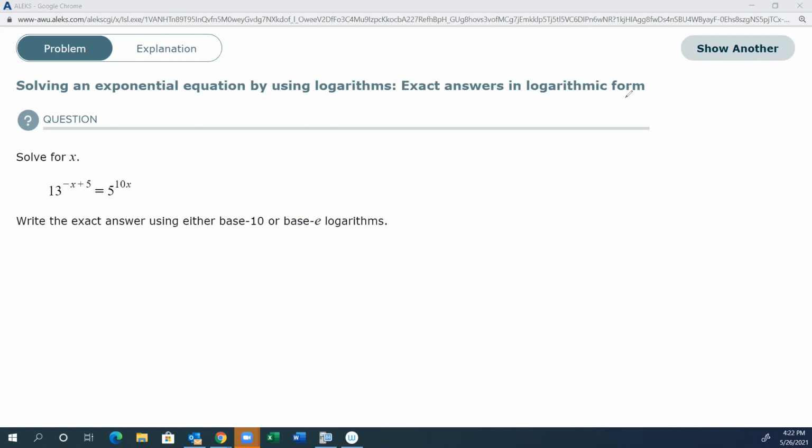It doesn't matter as long as you do the same thing to both sides. Now remember, in an equation, you can do whatever you want as long as you do it to both sides. You can add 2 to both sides, divide both sides by 3, whatever. But you can also say, well, I'll do log base 10 of both sides.